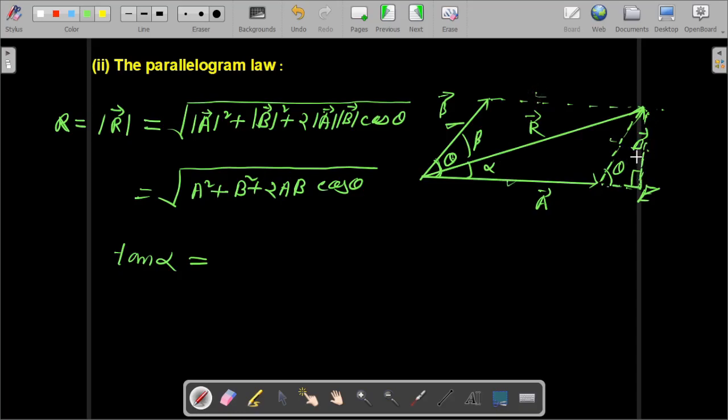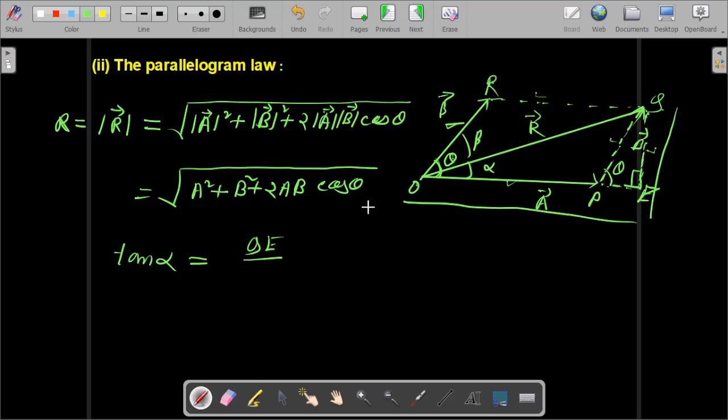From this figure, these points are O, P, Q, R. This is A. So how do you get tan alpha? Tan alpha in this bigger triangle is simply this by this.